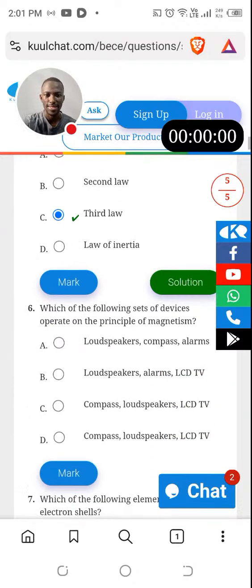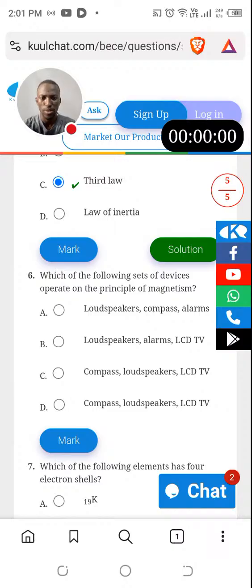Question number 6. Which of the following sets of devices operates on the principle of magnetism? We have loudspeakers, compass, alarms. As the first set, they have loudspeakers, alarms, LCD TVs. Compass, loudspeakers, LCD TVs.